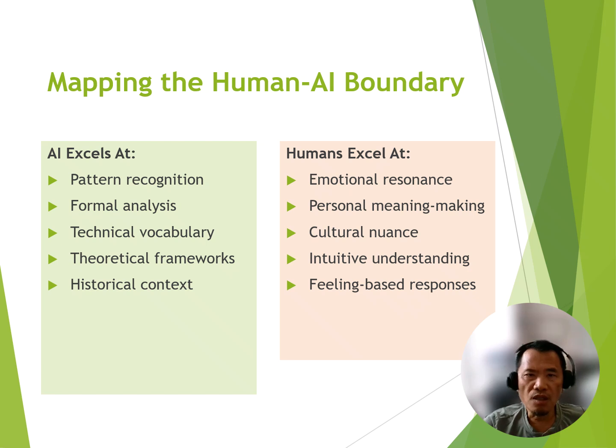It offers instant access to compositional techniques, historical context, and semiotic frameworks with consistency and breadth that exceed most human analysts. Human capabilities focus on experiential engagements, emotional resonance, personal connection, intuitive cultural understanding, and lived meaning-making.